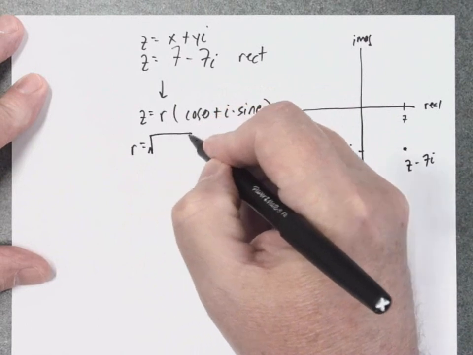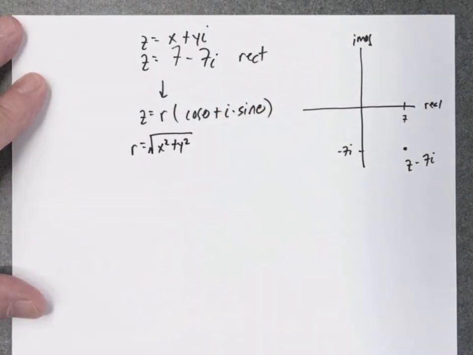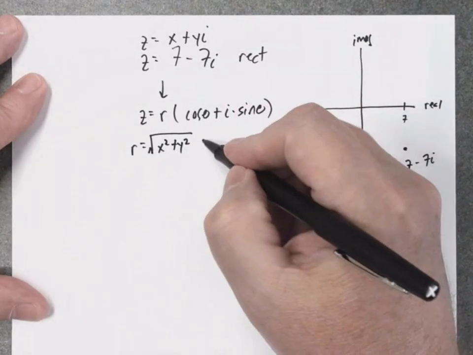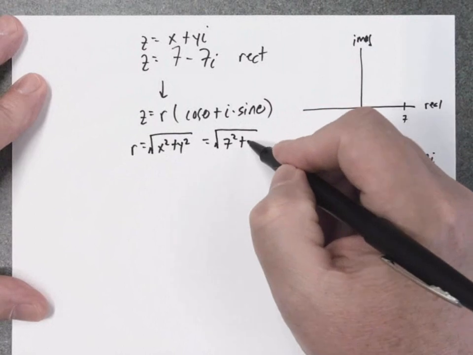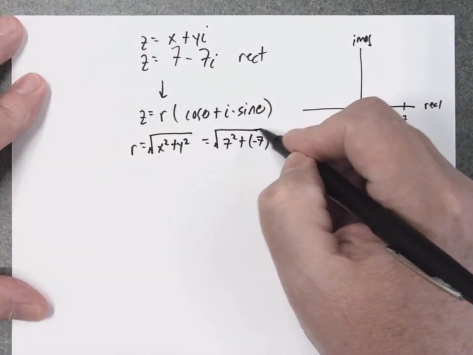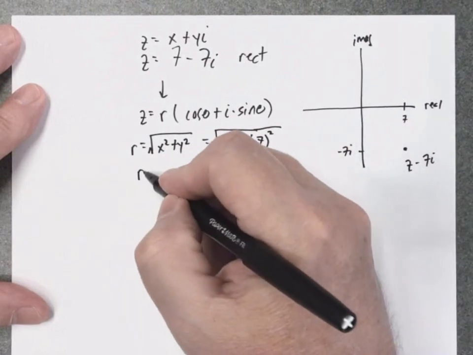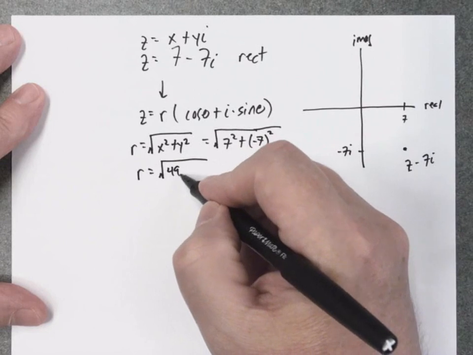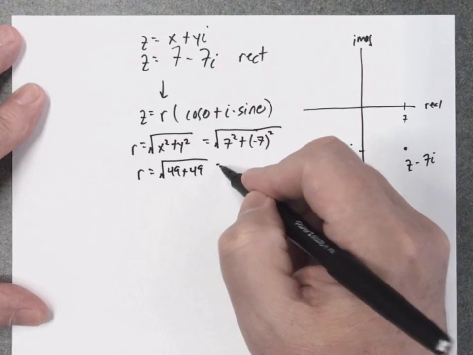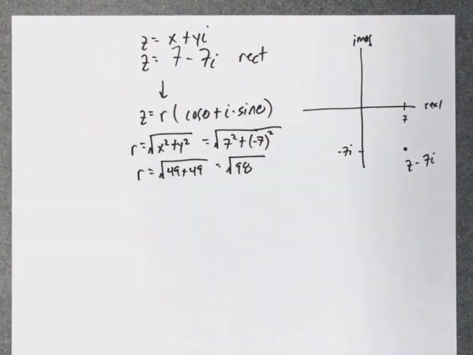R is this little formula we've used before: the square root of x squared plus y squared. So x is 7, y is negative 7, but we square it. 49 plus 49 is the square root of 98.